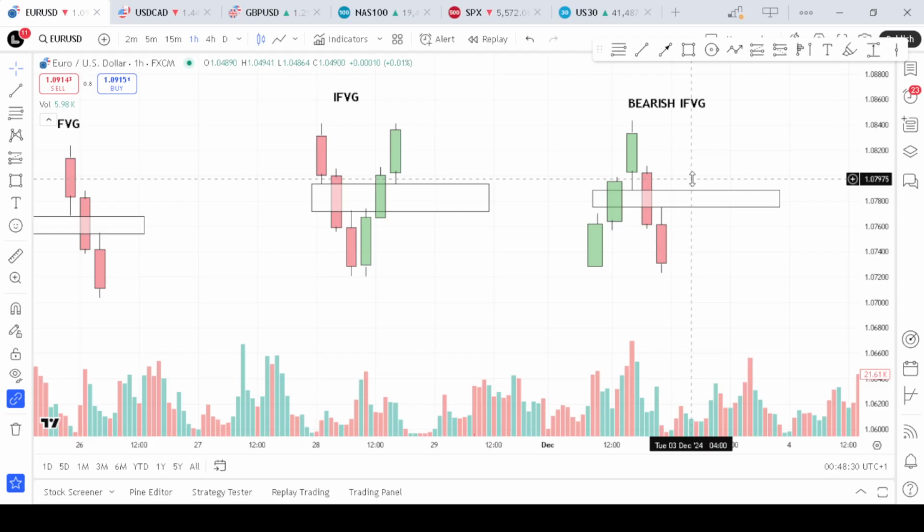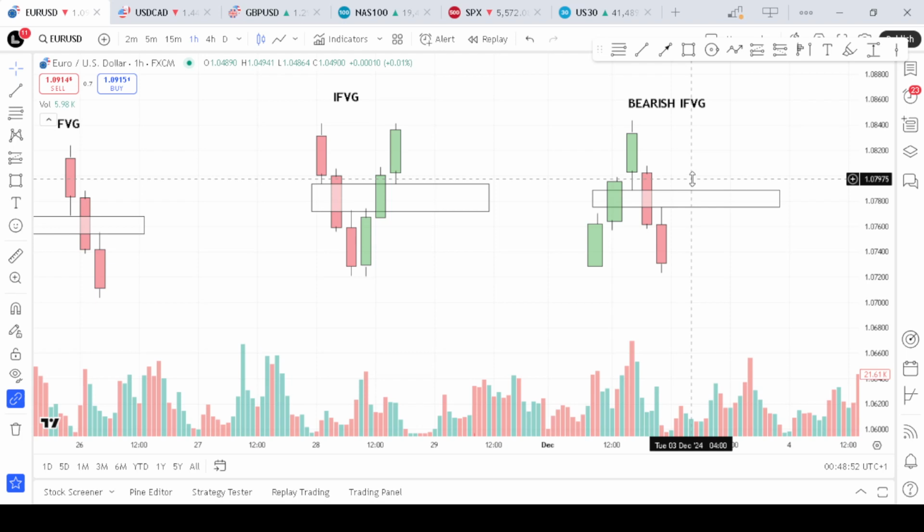Remember, this pattern becomes more reliable when combined with proper market context or market structure, and additional confirmation signals, which we will discuss in the next section. Now let's see how we can identify inversion fair value gaps.